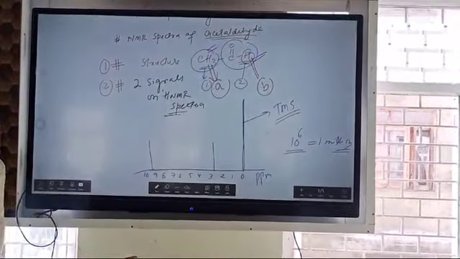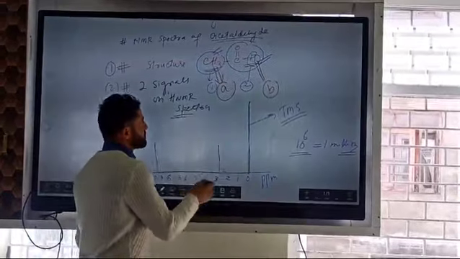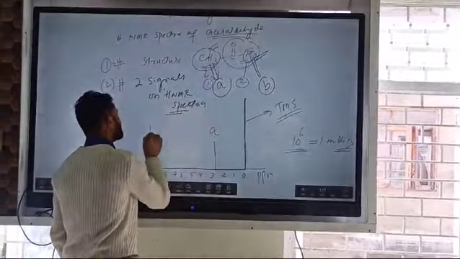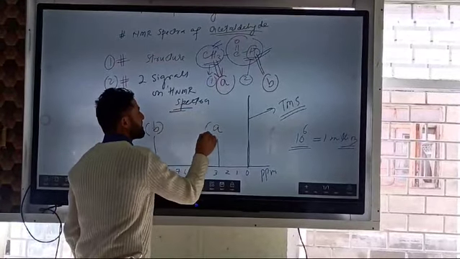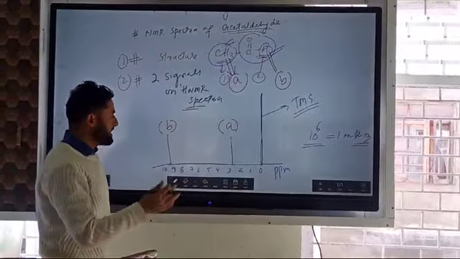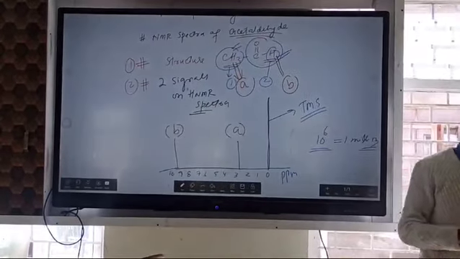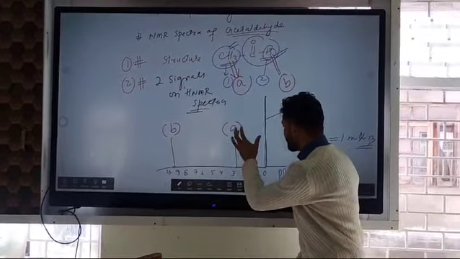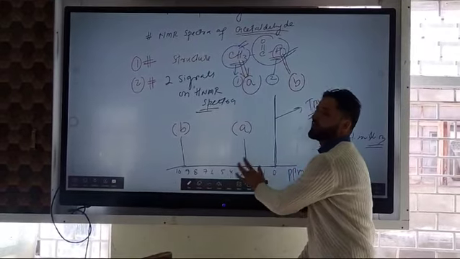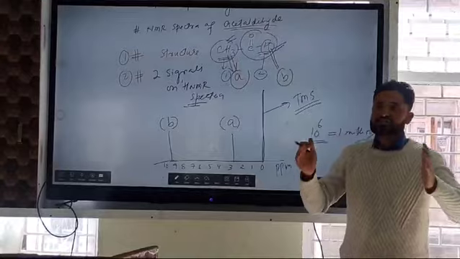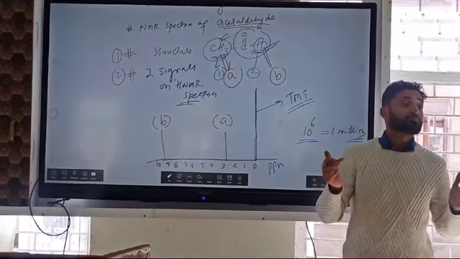Yes, the methyl proton would be here, and the aldehydic proton would be here, right? So now you need to tell me why there is a big gap between the two different protons. Big gap, I mean to say that this resonates between 2 and 3, and this resonates between 9 and 10. So there is a big gap of chemical shift.